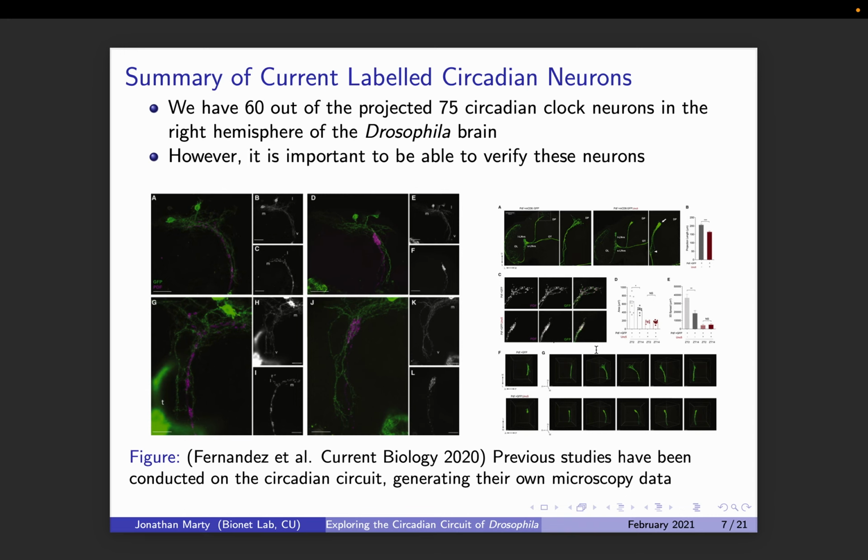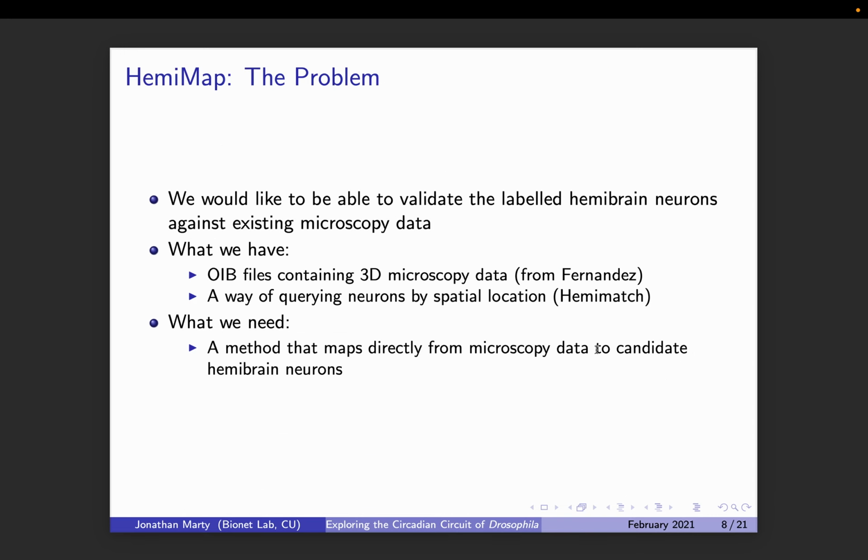And so we come to this problem: we have these labeled HemiBrain neurons as well as existing microscopy data from experiments like Professor Fernandez's, and we'd like to be able to validate that these are the same types of neurons or the same neurons. And so that's the idea behind HemiMap.